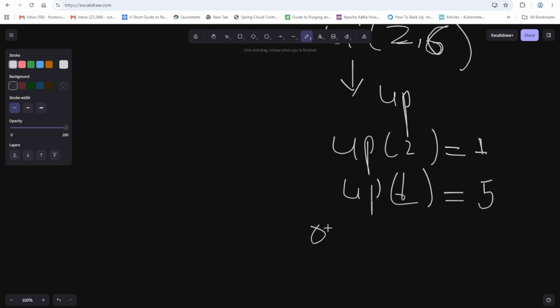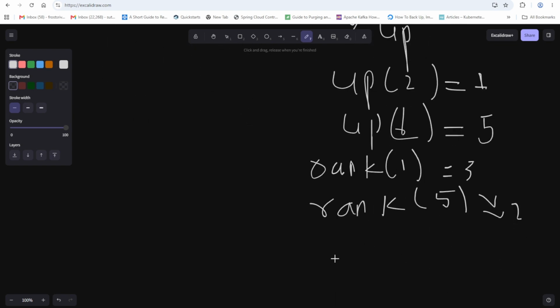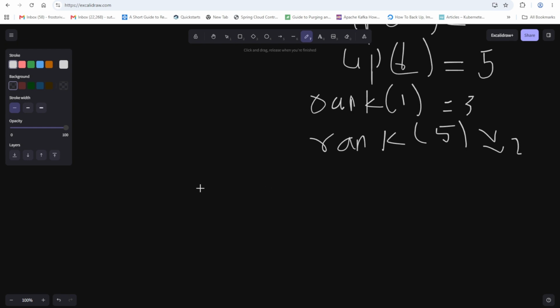Now we will find the rank of both. The rank of 1 will be approximately 3, and the rank of 5 will be approximately 2. There is a concept: we will always attach the smaller rank under the larger rank, and we will always attach the ultimate parent.